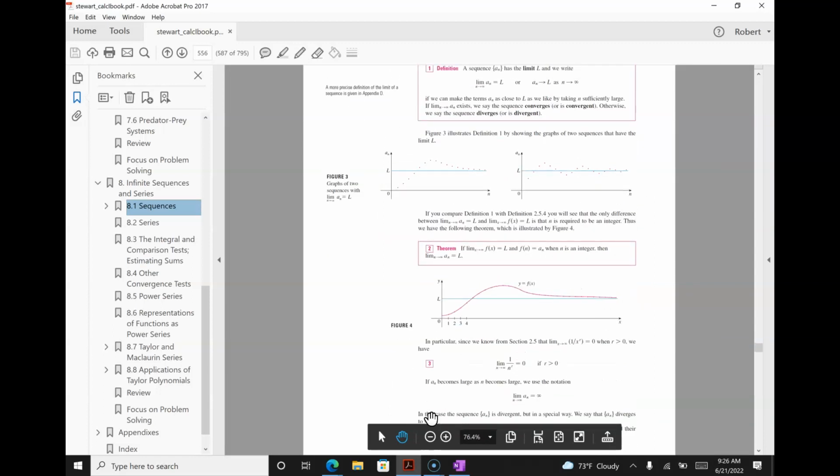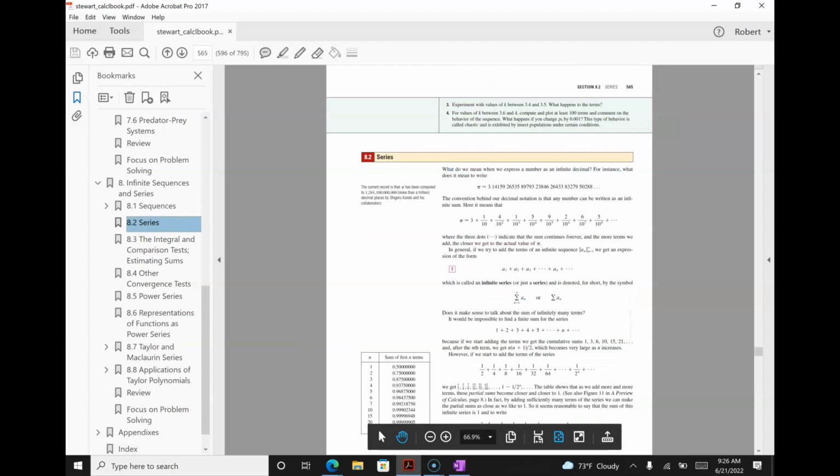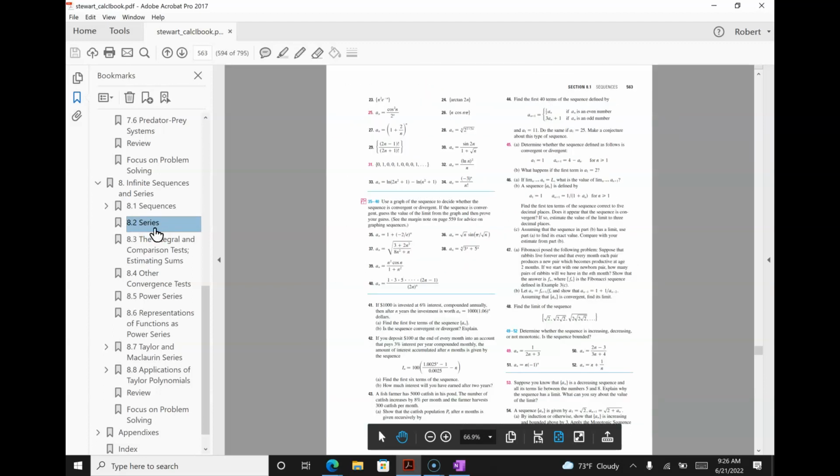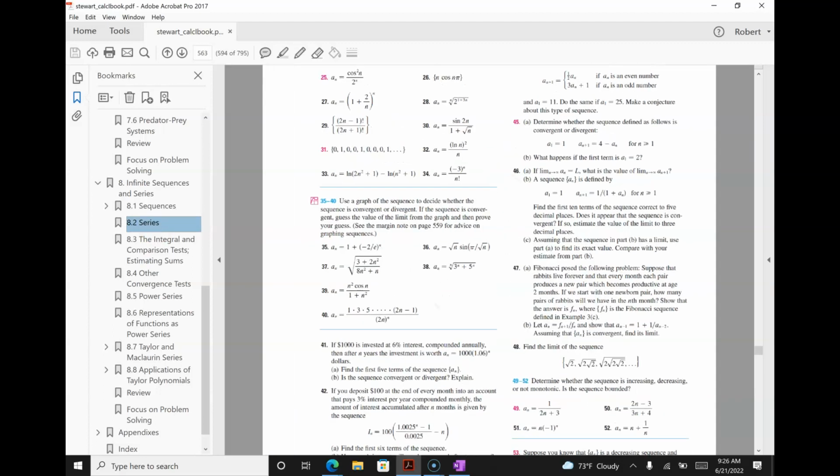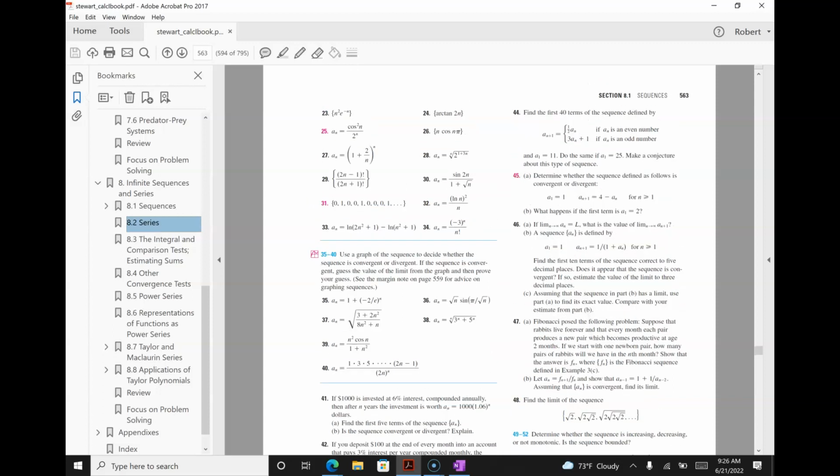So that's the next thing in our list. When we're looking at these problems, we're going to say, does it converge or not, right? It's pretty easy to tell from the points. It's also easy to tell from the function, right? I really can take a limit as n goes to infinity. Look at number 23, right?